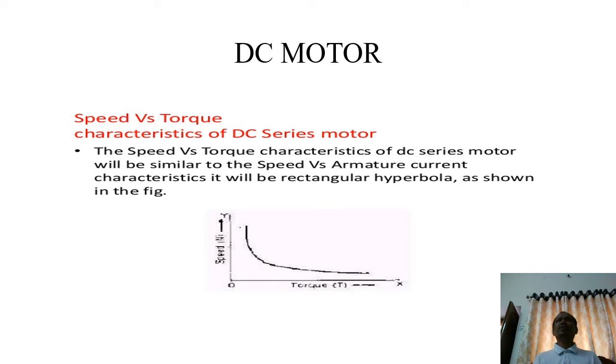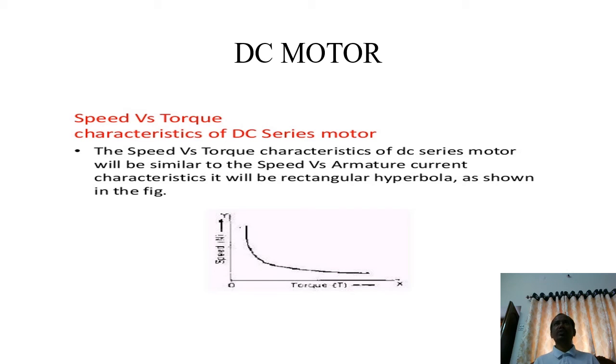Under no load condition, the armature current is very small, which is negligible. Then speed is directly proportional to the voltage. You can draw the curve of speed versus armature current. Ia is negligible at no load, and the speed is maximum.